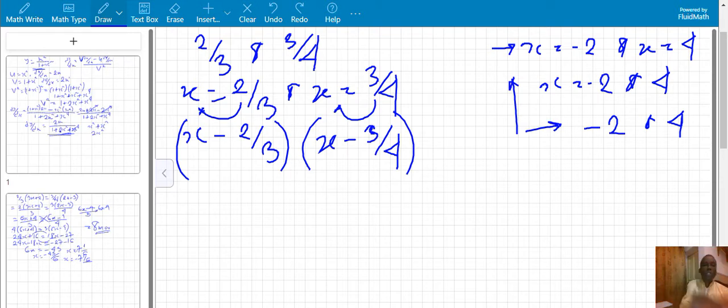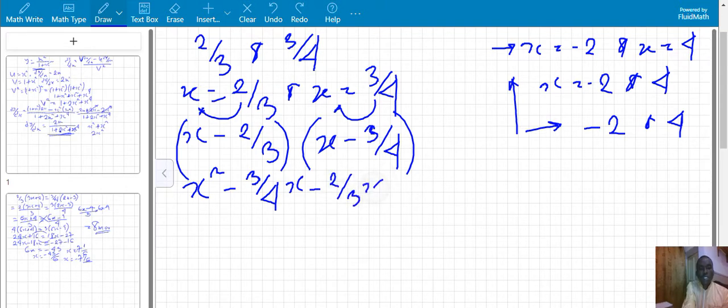x times x will give us x squared. x times minus 3 over 4 will give us minus 3 over 4 x. Minus 2 over 3 times x will give us minus 2 over 3 x.